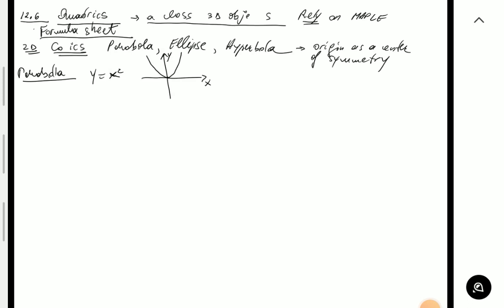Again, with translations, you can of course have this parabola in a different position, with the vertex in a different position. You can have it tilted. Another version, for example, if you interchange x with y, obviously gives you a horizontal parabola, as I like to call it, for which the x-axis is the axis of symmetry.